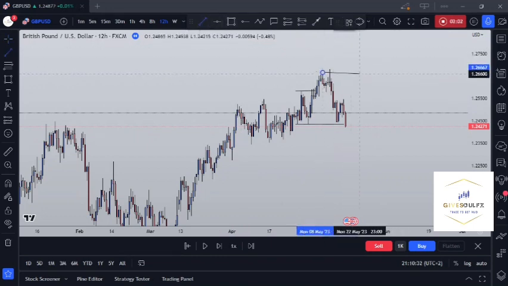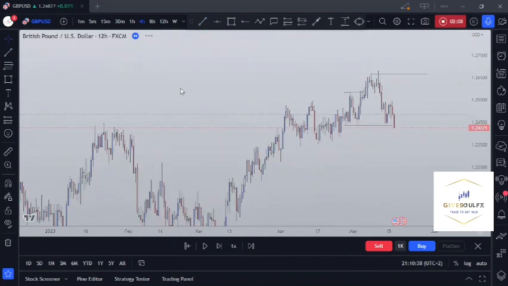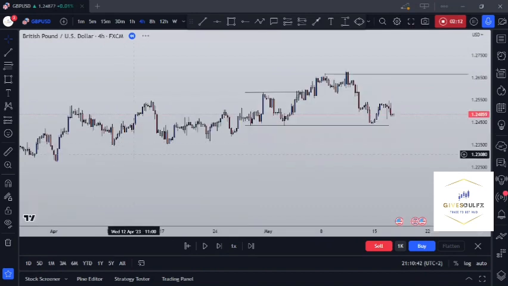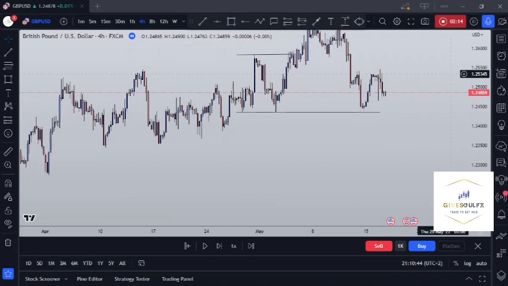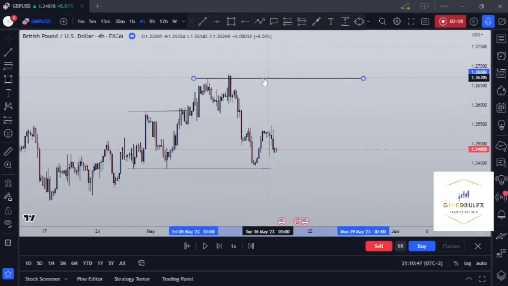Here we have a higher high, our highest high, then going down back to the 4-hour chart there. Going back to the 4-hour chart, I can identify my point of interest.